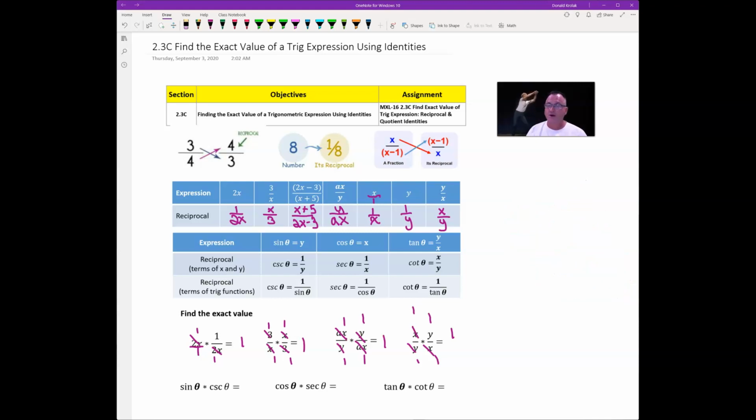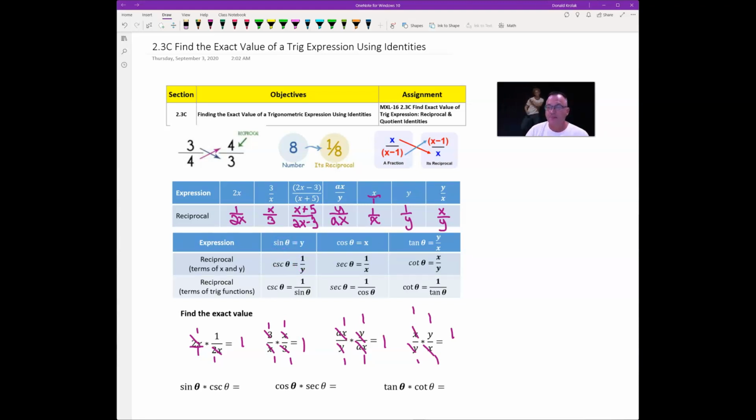Okay? Alright, so back here we've got the sine of theta is equal to y. So the reciprocal of y would be 1 over y, and we call the reciprocal of sine cosecant. So these are reciprocals of each other.